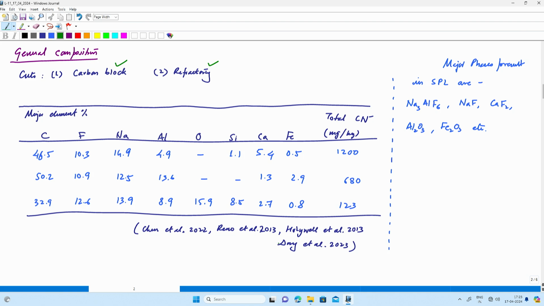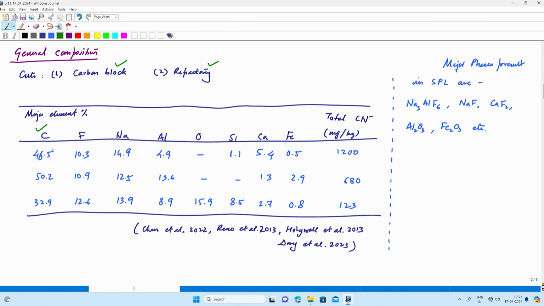Such compositions can vary from sample to sample, and these are just shown to explain what the composition of the SPL can be. These are shown as generalized compositions, and of course there could be outliers also.